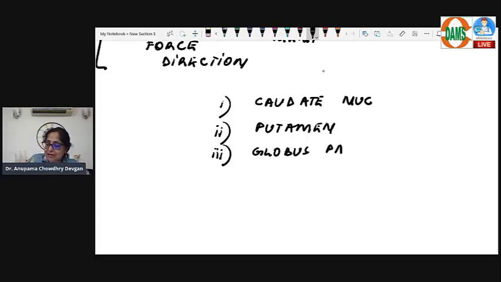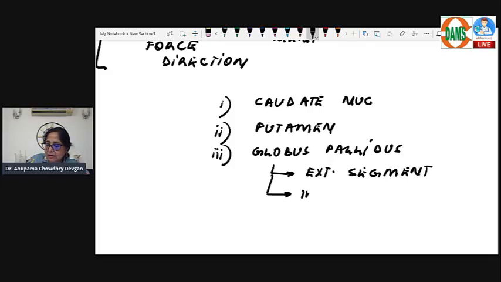Globus pallidus has an external segment and an internal segment. Caudate nucleus, putamen, globus pallidus external segment, globus pallidus internal segment.